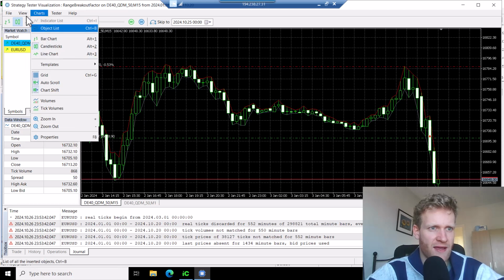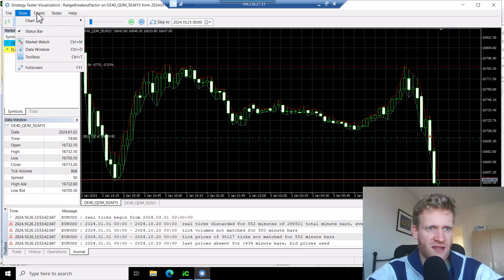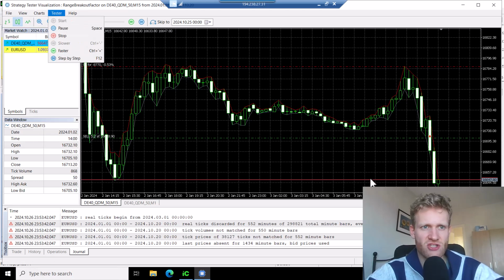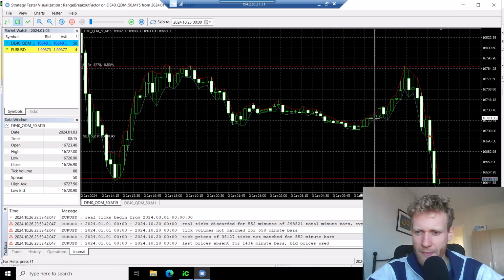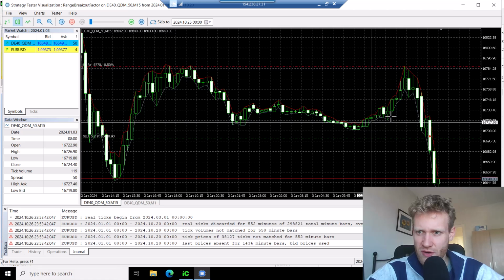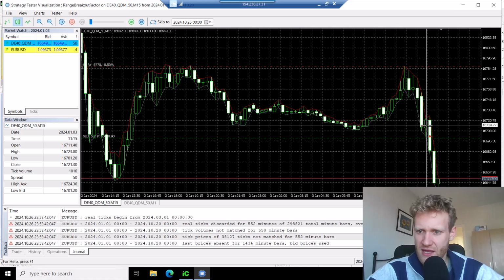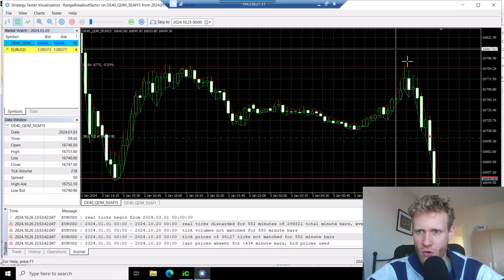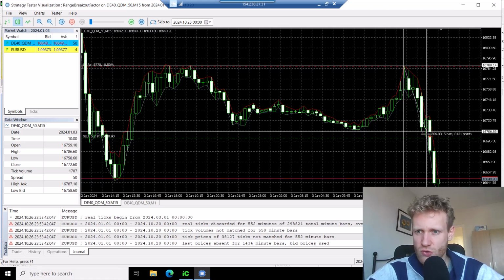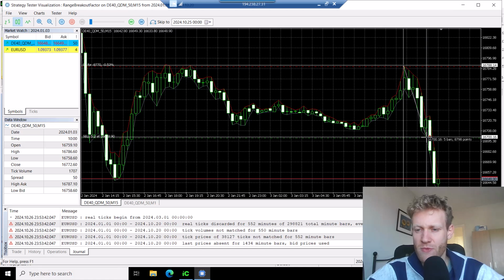I think I cannot put objects in the tester, but yeah, we can just do it with a crosshair here, I think. So from 8 here pretty much to 11:30, which should be here, we create this range. So this is our range, like from up here to down here.